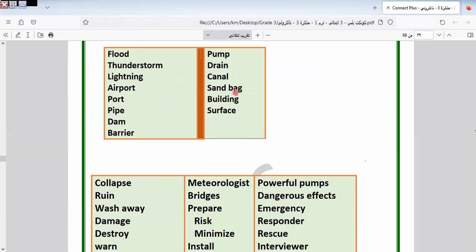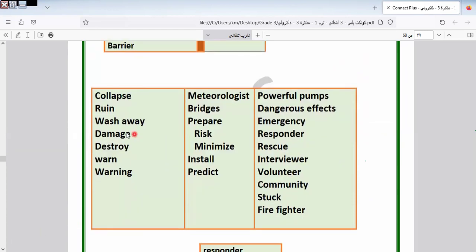We use sandbags when we have a flood, to prevent water from coming in. Okay, boat, building, pipe, surf, dam, barrel. Here is collapse, meteorologist, powerful pumps, collapse.